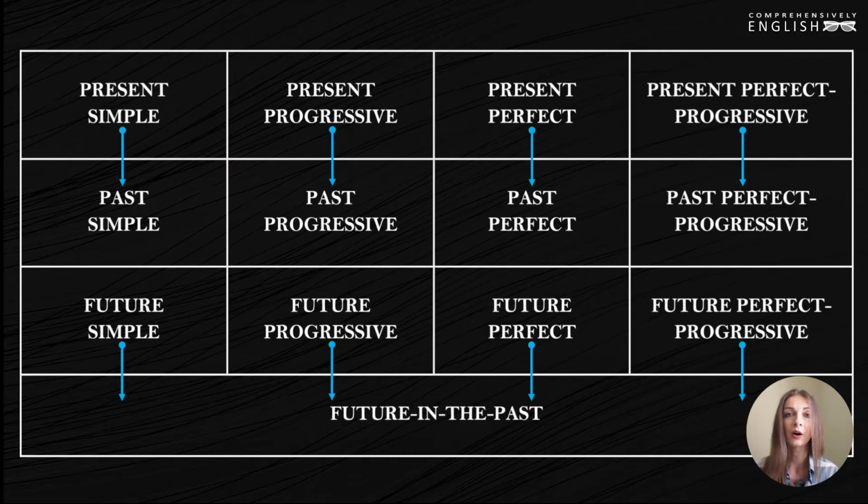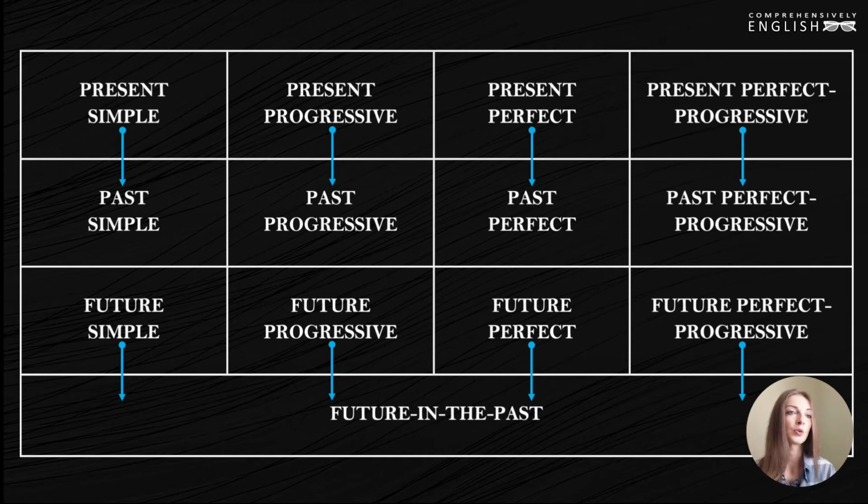If I say, I will come tomorrow, my words can be reported the following way: she said she would come the following day. If I say, I will be working on this project for a while, the reported speech will be, she said that she would be working on this project for a while. Again, we'll discuss that in detail in the following lesson.